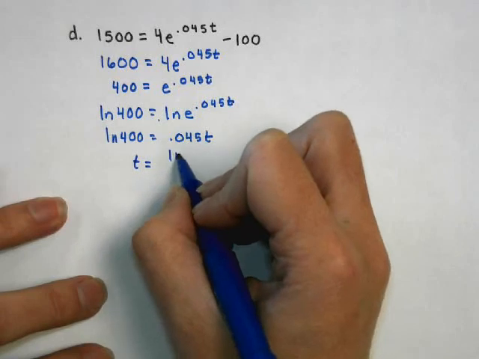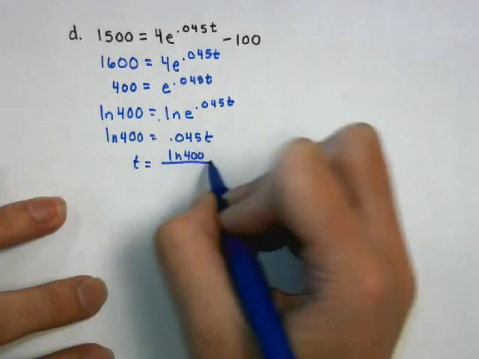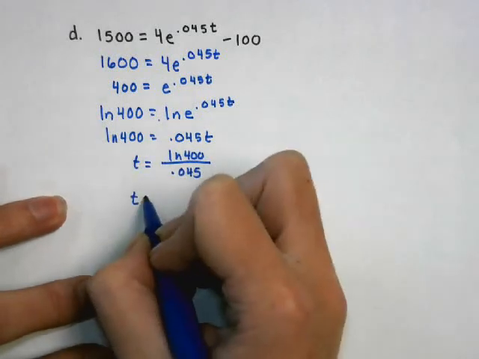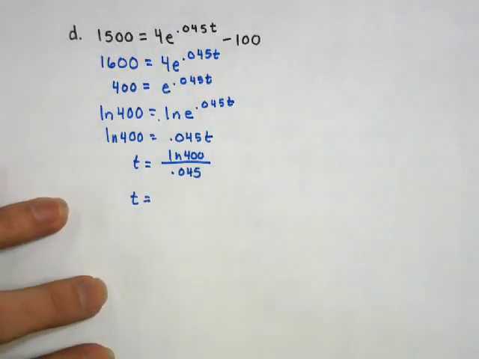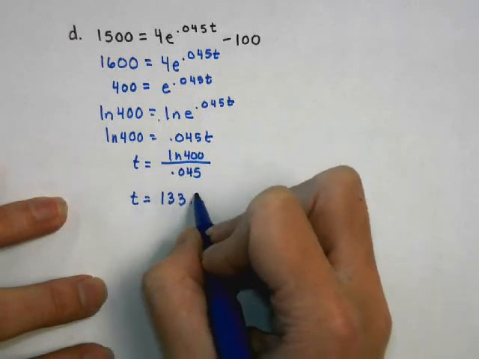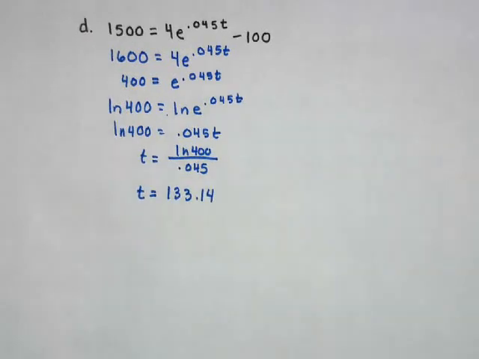So t is going to equal the natural log of 400 divided by 0.045. Type that into your calculator. You'll get about 133.14. So that's how we can use exponents and logarithms to solve various types of equations.